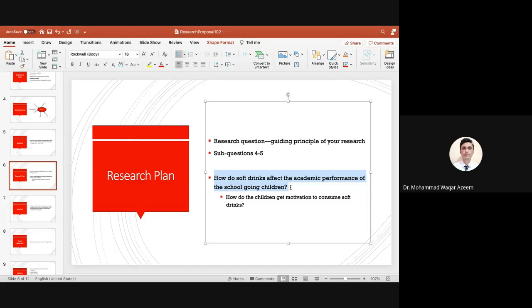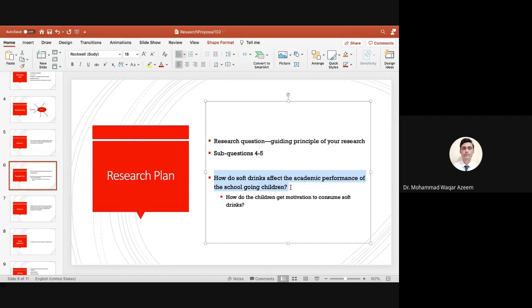And the question is, do soft drinks affect the academic performance of the school-going children? Probably the answer is yes. And we can say yes even without conducting any research, right? From the information that we already have about soft drinks, we have some understanding of the effect of soft drinks on the academic performance of the children.